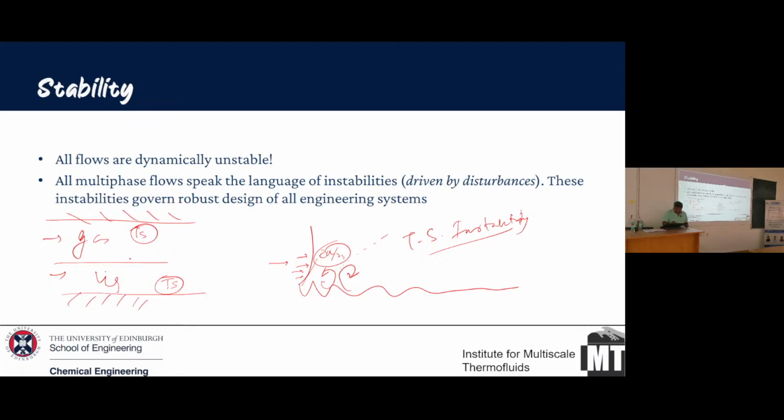But then there is also this interface sitting in between, driven by surface tension. So any multi-phase flow, when both gas and liquid are moving, is subject to three instabilities. One is the shear instability in the gas phase, the shear instability in the liquid phase, and the interfacial instability here. Okay? That's why you have waves in flow.